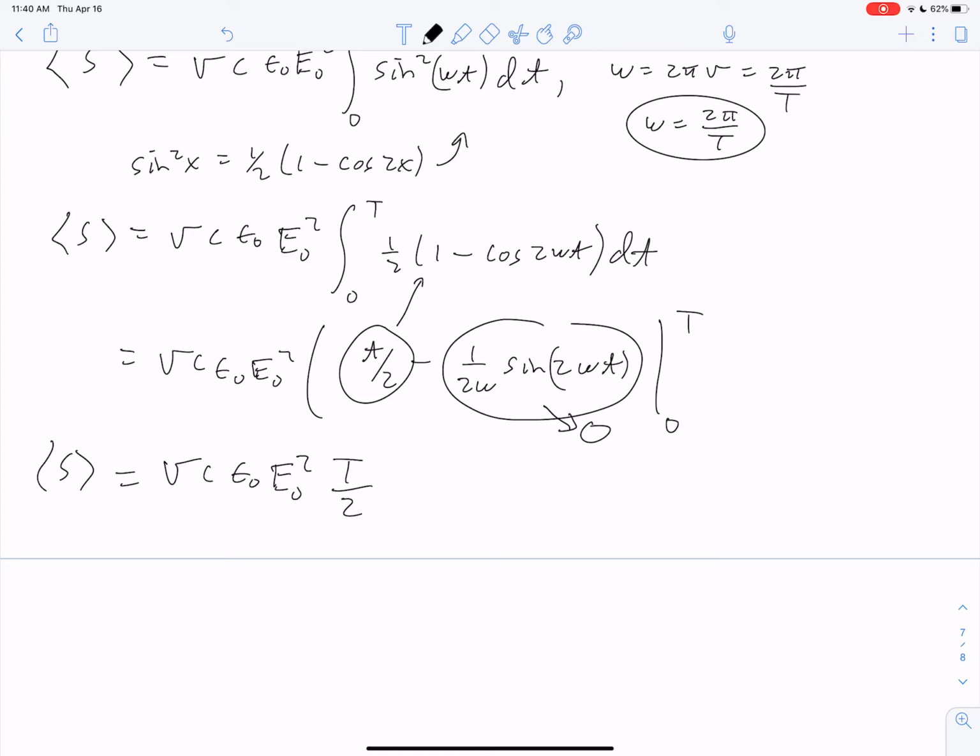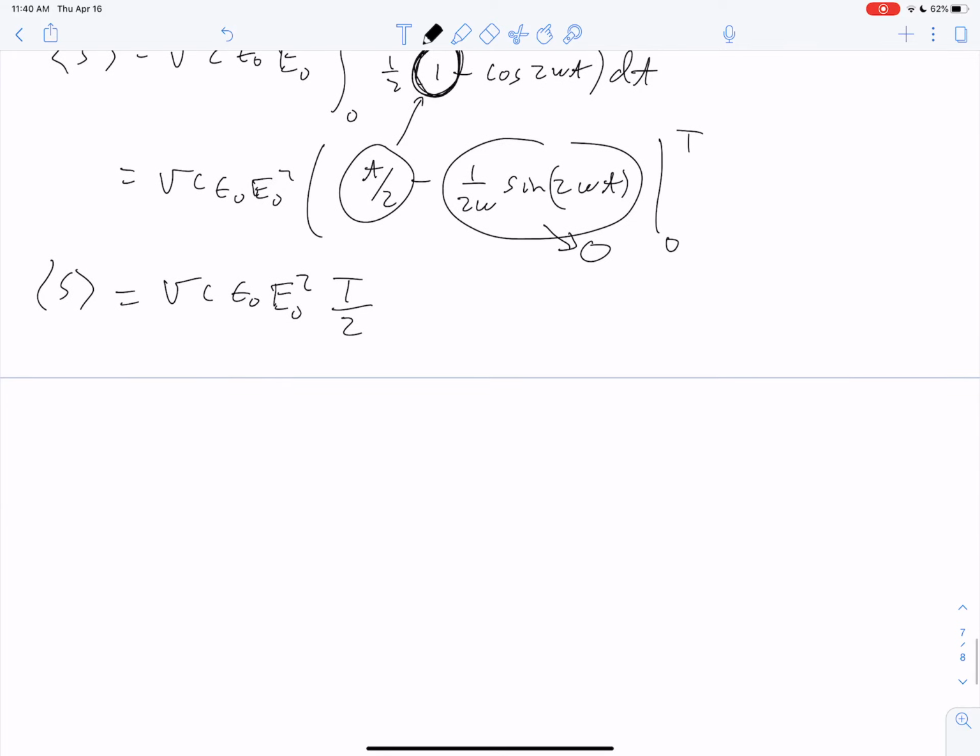It's this little part right here that matters in the integral. And so I see that these guys are hitting each other, and nu is equal to 1 over T, so when they hit each other, they turn into 1.